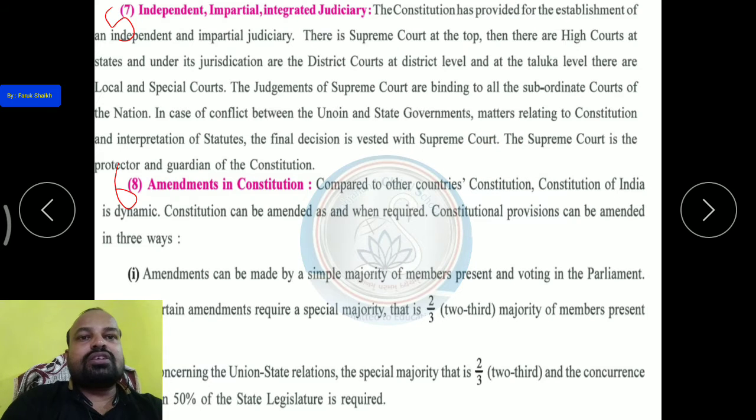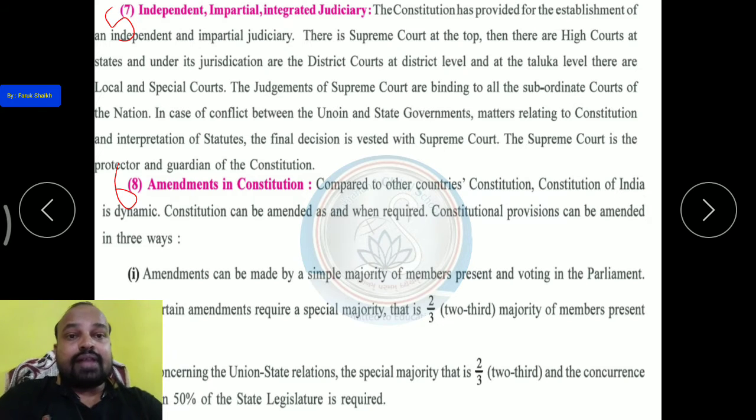The Supreme Court is the protector and the guardian of the constitution. Whenever there is a conflict between the state and the union, sometimes there are conflicts because in the state there is a BJP government, or at the country level, the union level, there is a BJP government, and at the state level there is a different government.